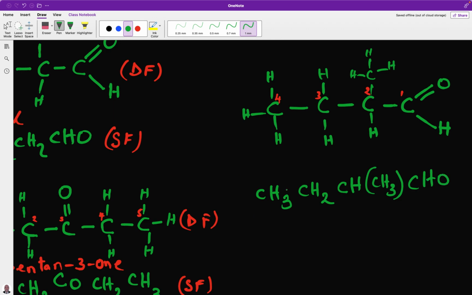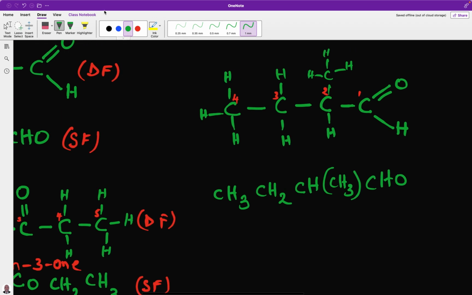This is the displayed formula. And this is the structural formula.